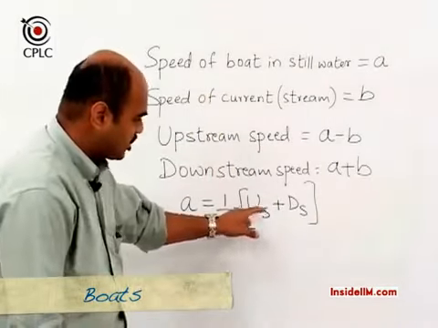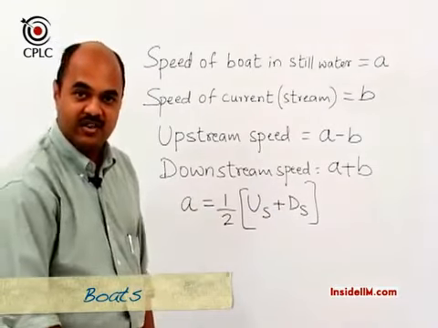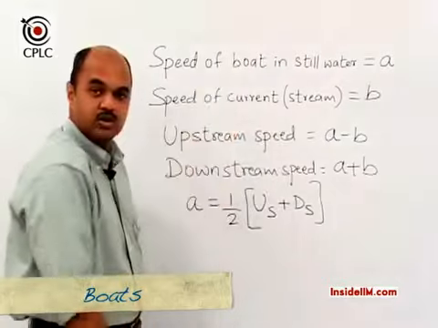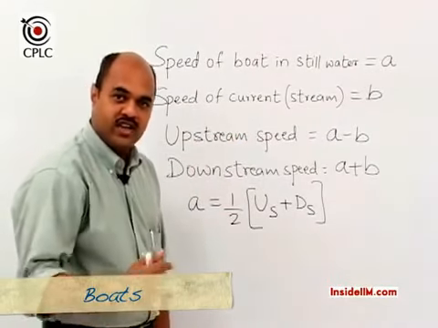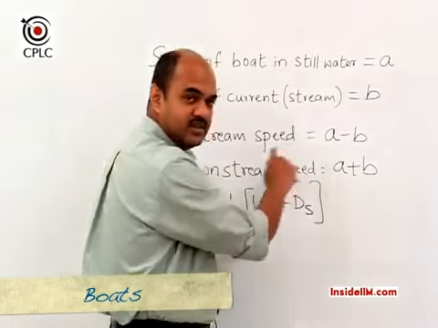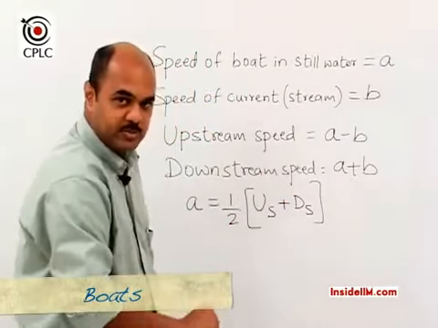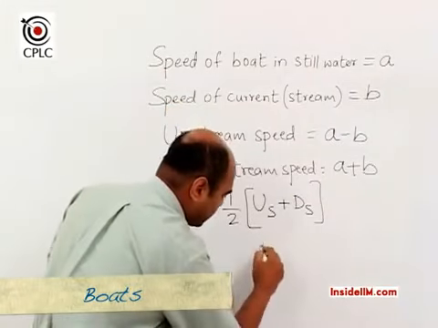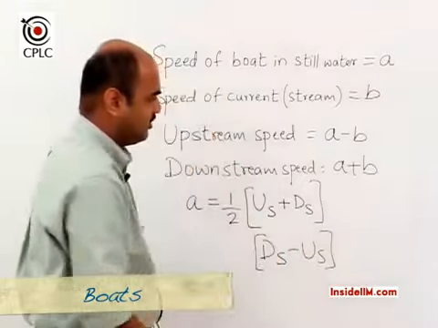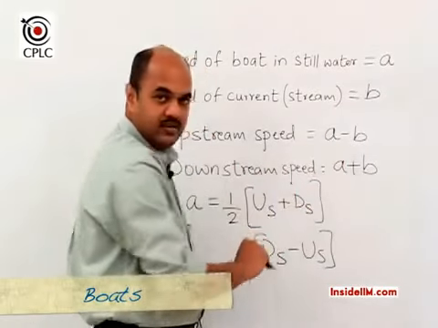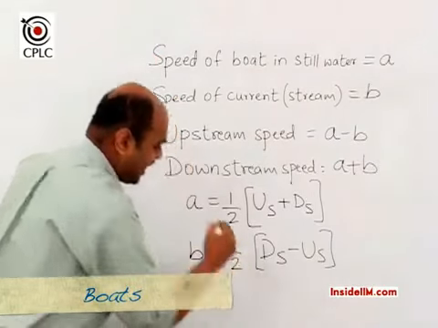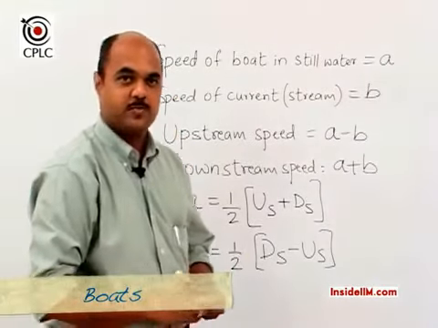So if the upstream and the downstream speeds are given, then half the sum would give us speed of boat in still water. On the other hand, if we want to find the value of B, and if we look at the right hand sides, if we subtract upstream speed from downstream speed, we would get 2B, and hence we can say B is equal to half of the difference of the speeds.